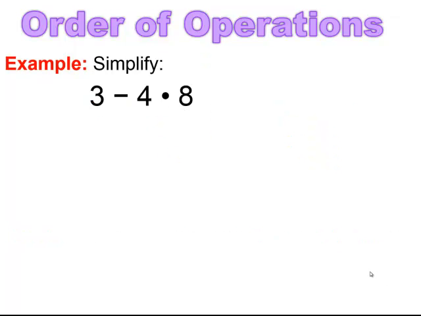So here's an example. It's an order of operations problem, and you want to be careful. You always have to think, what do I need to do first? In this case, I have multiplication and I also have subtraction, but the multiplication has to go first here. So I'm just bringing down the 3, and I'm going to multiply the 4 times the 8.